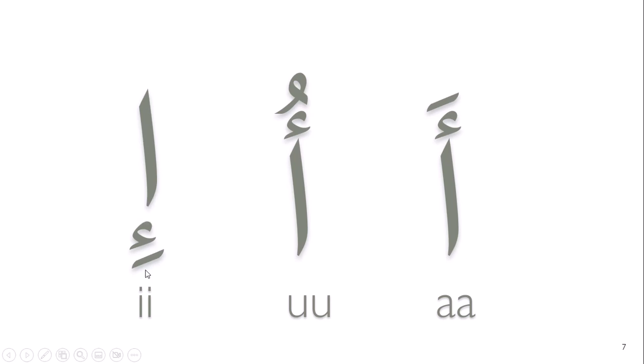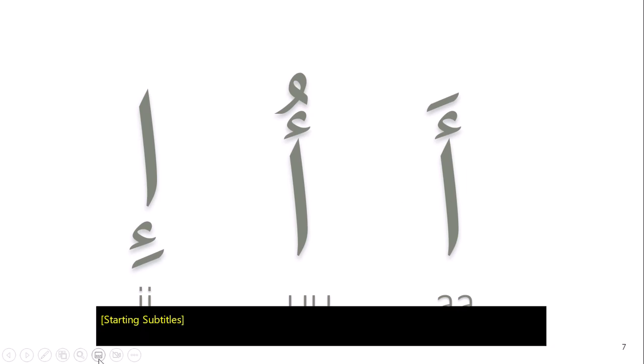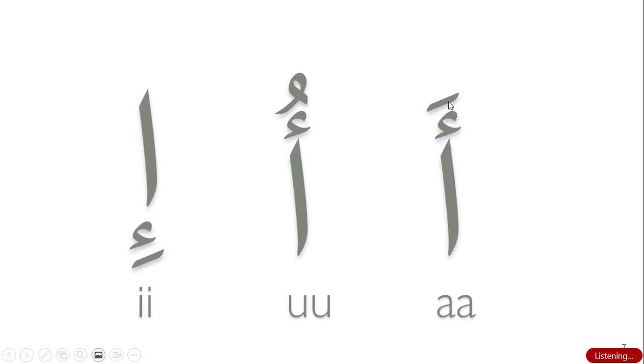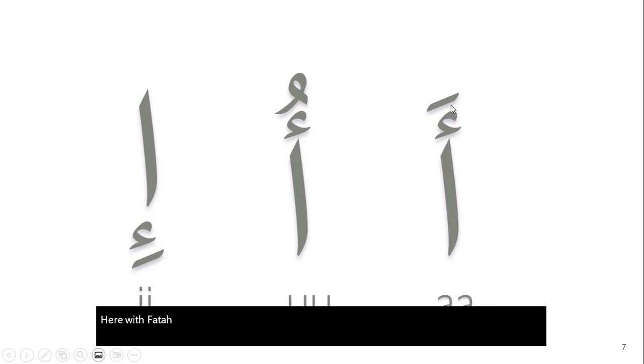And this produces the sound e. So again, here with fatha it's pronounced a. Here with dhamma it's pronounced u, and here with kasra it's pronounced e. So a, u, e. We need to remember how they look.